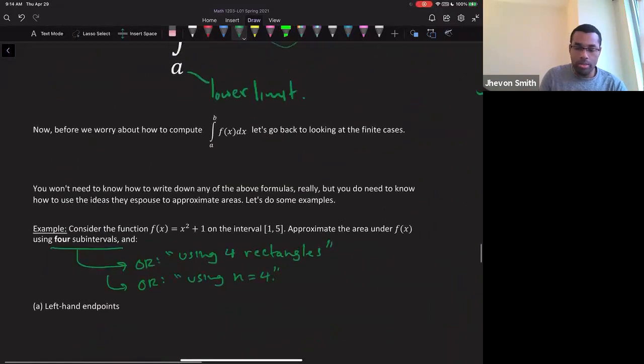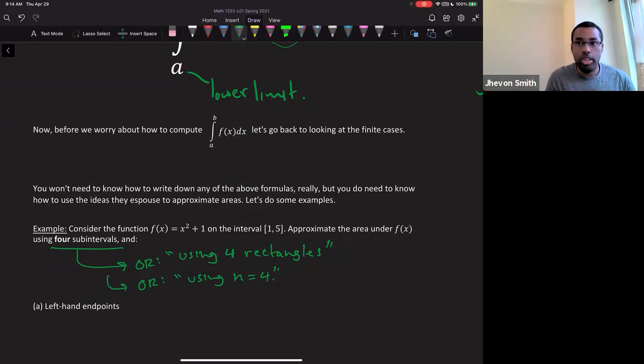So I can phrase this in several different ways, but the important thing is that using a certain number just means the number of rectangles or the number of subintervals you want. So this is a pretty standard question for a finite Riemann sum. The point here is to just get an estimate, an approximation of what the answer should look like.